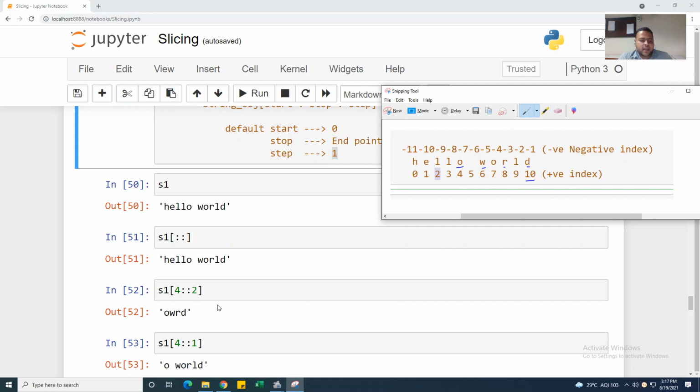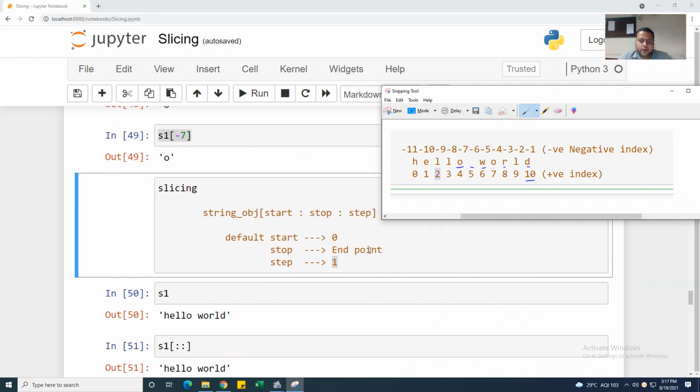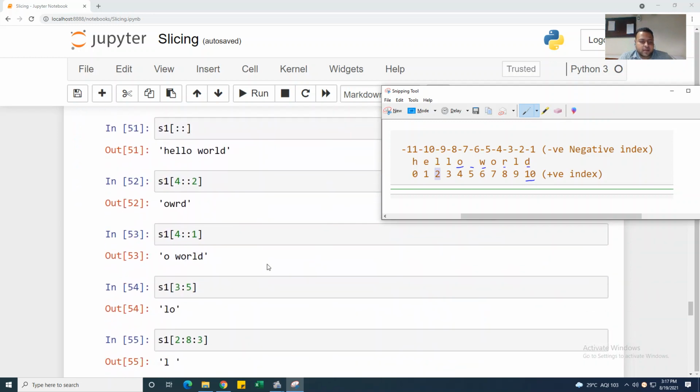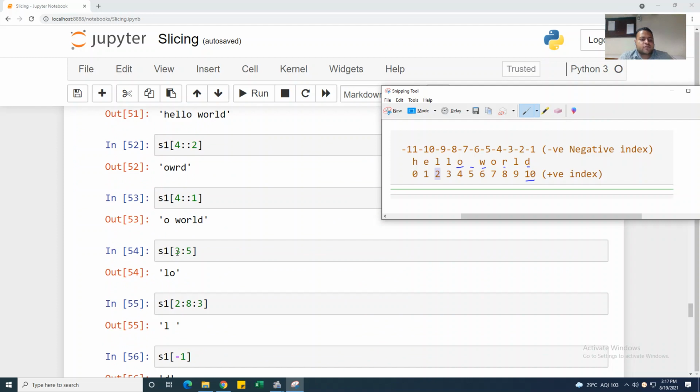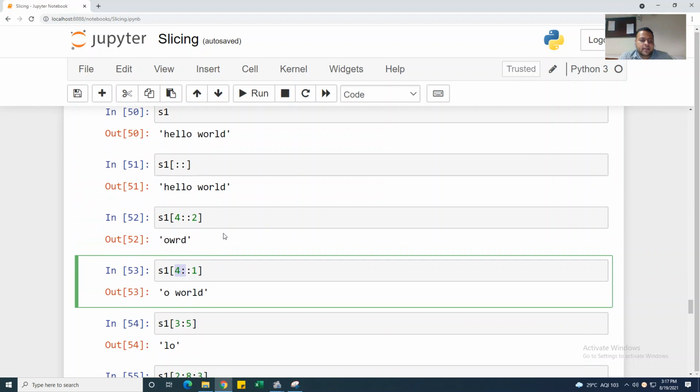Right? Again I am taking s1 of 4 colon 1. Only one step. So it will start with the 4, then it will contain one space over here. And again W, O, R, L, and D up to 10, because my endpoint is this. Again I am taking s1 of 3 colon 5.